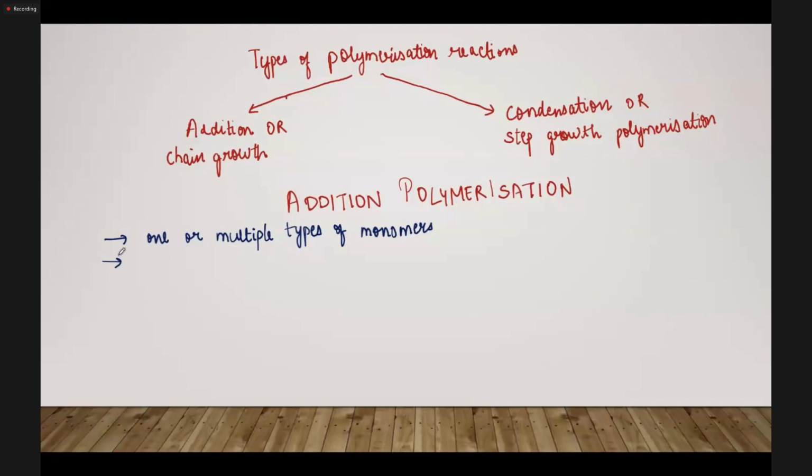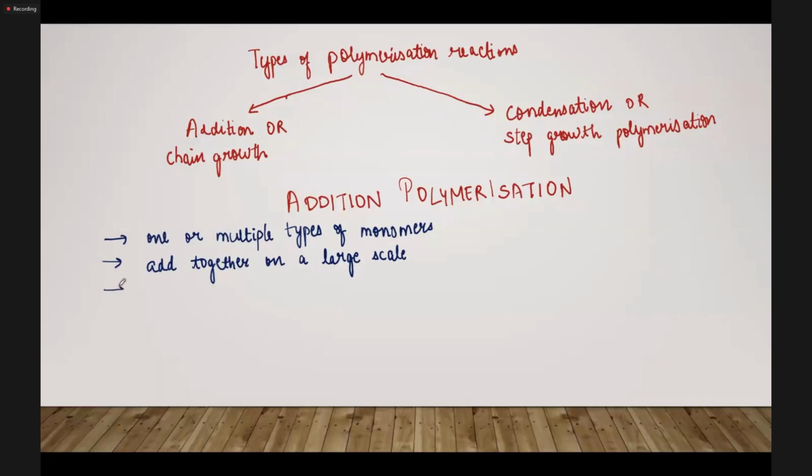They can take place simply. They simply add together on a large scale. मतलब खूब सारे जो monomers हैं, चाहे वो एक type का हो, चाहे multiple type का हो, they will add together on a large scale to form a polymer.